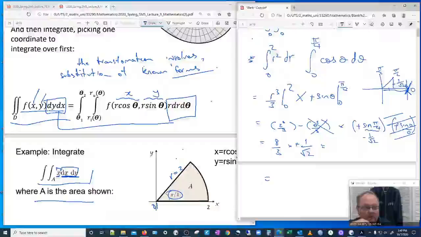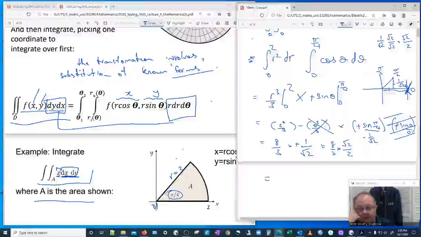So what I might do is just do the root 2 here. 1 over root 2 is going to be root 2 over 2. It's the same thing. So that's 8 on 3 times root 2 over 2. That's probably easier to bear. We get a little bit of cancelling going on, so we'll get 4 root 2 on 3.